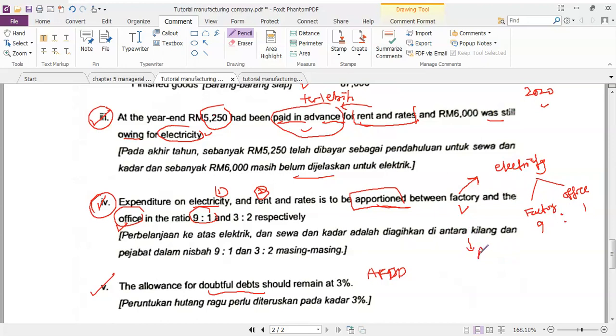Okay, how about rent and rates expenses? Rent and rates expenses which also should apportion between factory and office.